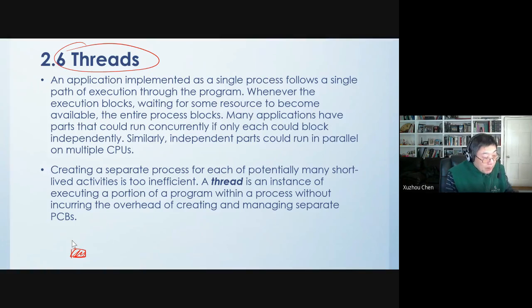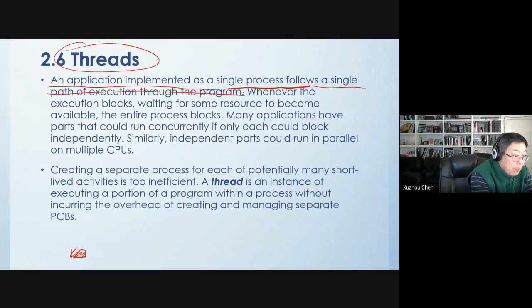So that's basically called an application implemented as a single process, which follows a single path of execution through the program. Okay, so this is the hard disk, where I store this program. And this is memory.